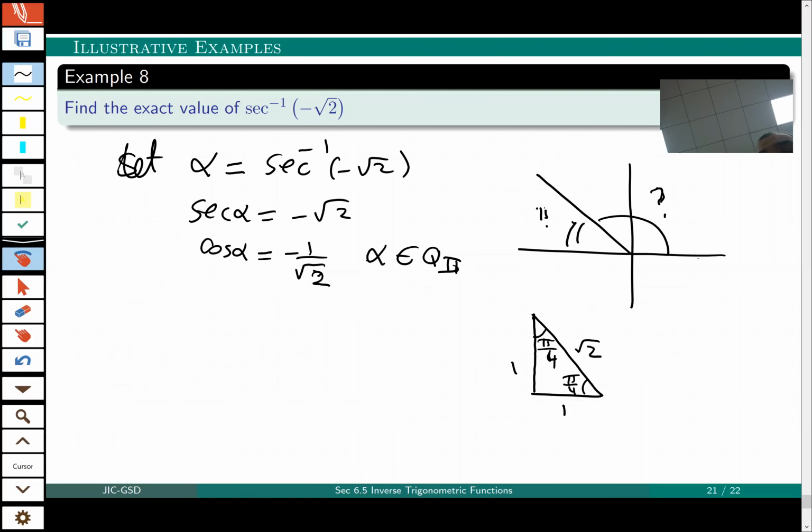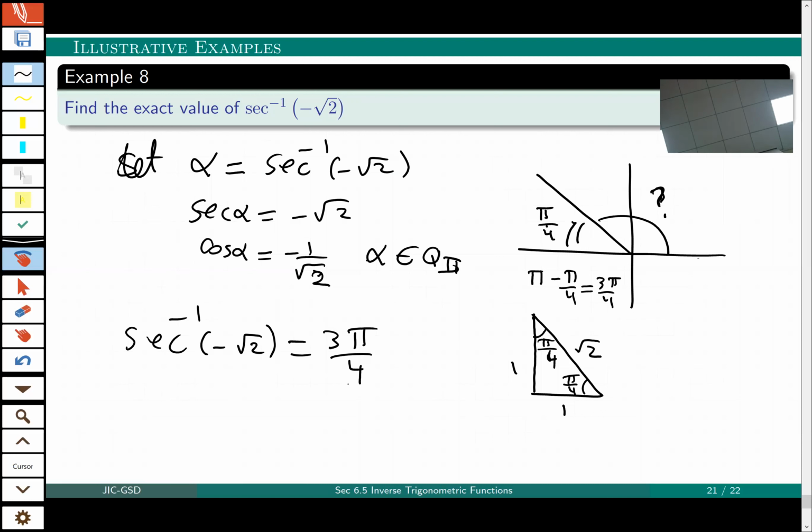So if this is pi over 4, what I want is pi minus pi over 4, which is 3 pi over 4. So secant inverse of minus root 2 is equal to 3 pi over 4. The minus sign gives me the location only.